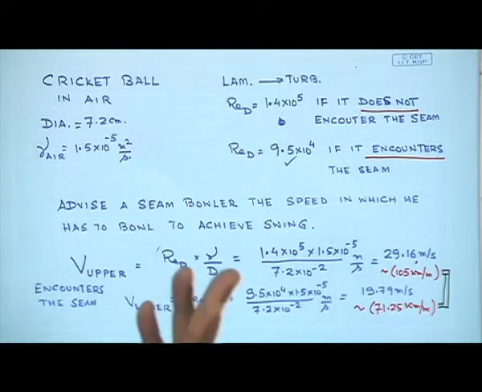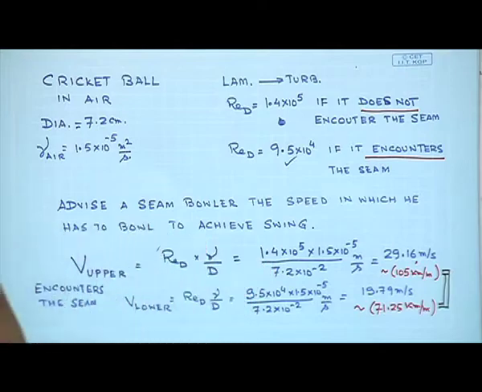So 105 and 71, if only you can bowl in that range, then you are going to create turbulent flow through the use of your seam, turbulent flow on one side and laminar flow on the other side. So if you bowl within this range through the use of seam, you can move the ball in air, outswing or inswing.